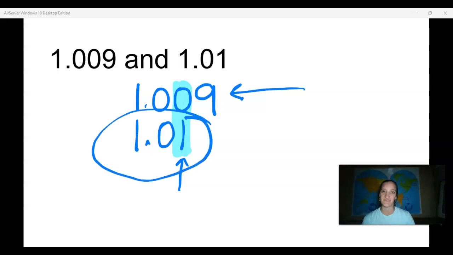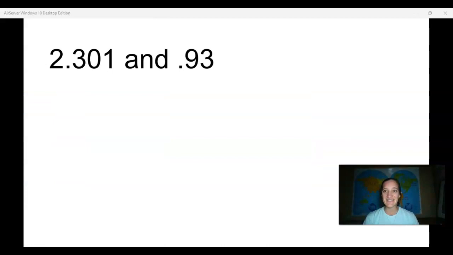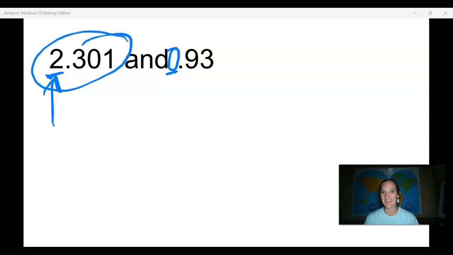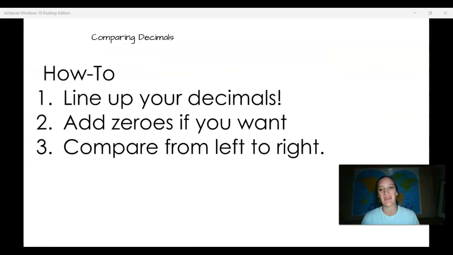Last one. I'm not even going to write it down because I can see this has 0 whole numbers and this has 2 whole numbers. So this one is bigger. Sometimes you don't even line them up because there's an obvious bigger number to begin with.